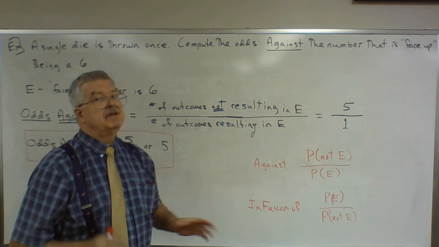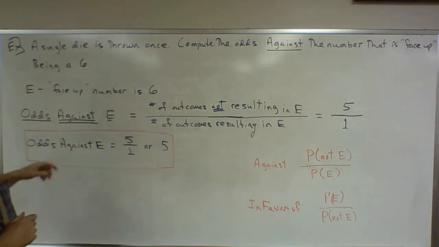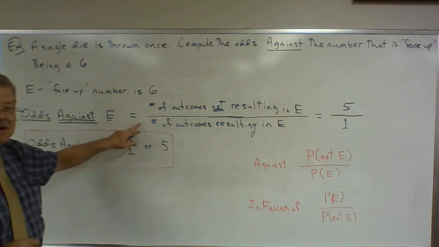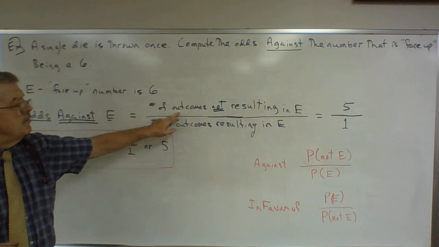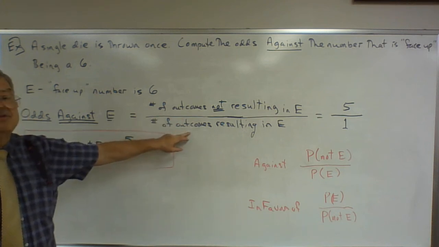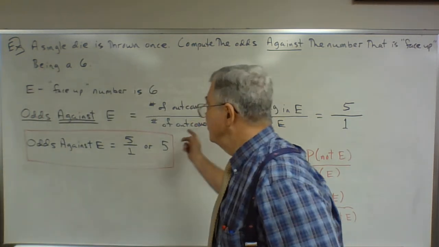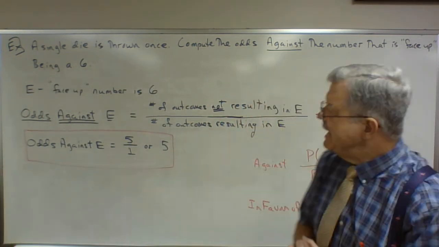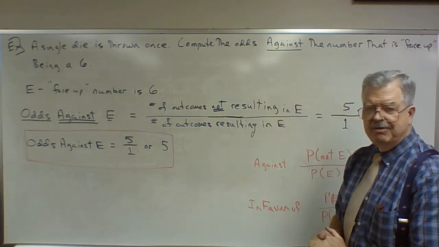These two formulas always work. The formula that we used here works when we know the number of outcomes that don't result in E and we know the number of outcomes that do result in E. It's a simpler formula, but we may not always have these two pieces of information.